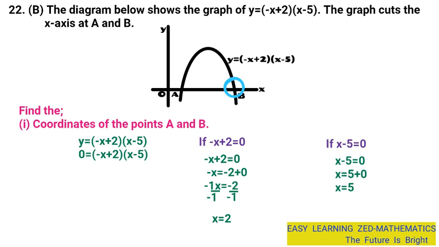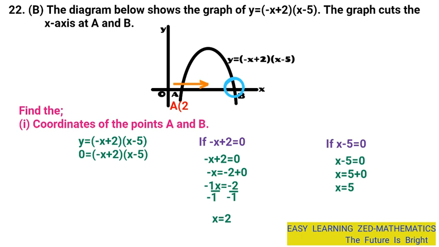As I said earlier, we have got 2 and 5, and 2 is smaller than 5. Remember, when counting positive numbers, we start from 0 going to the right side. That means A comes first before B, so point A should have the smaller number. Therefore the coordinates for A can be A, open bracket, 2, comma, what?